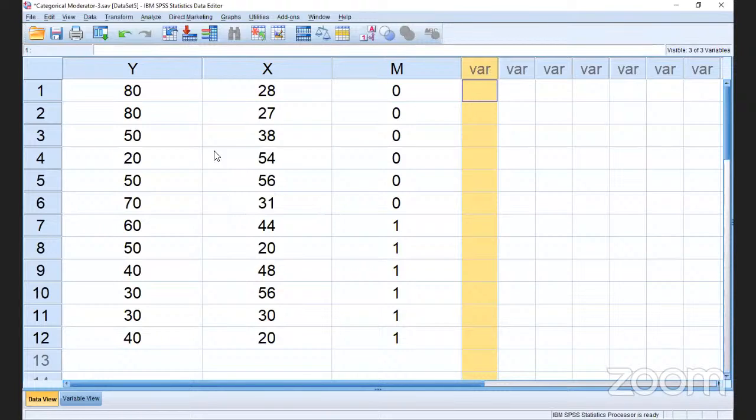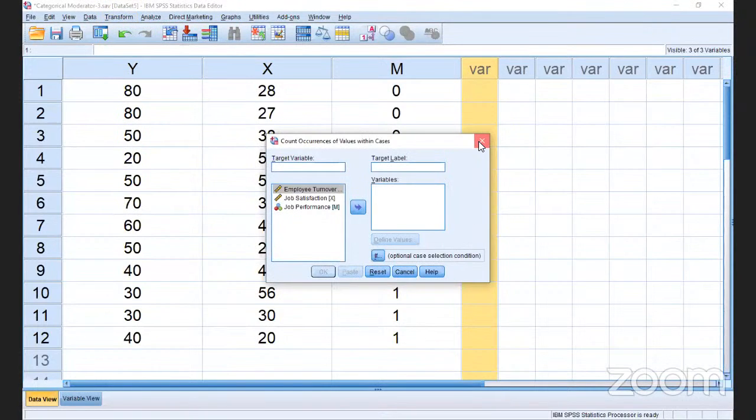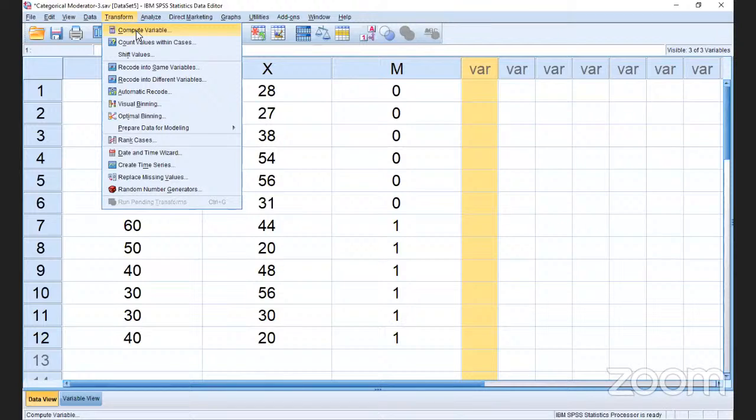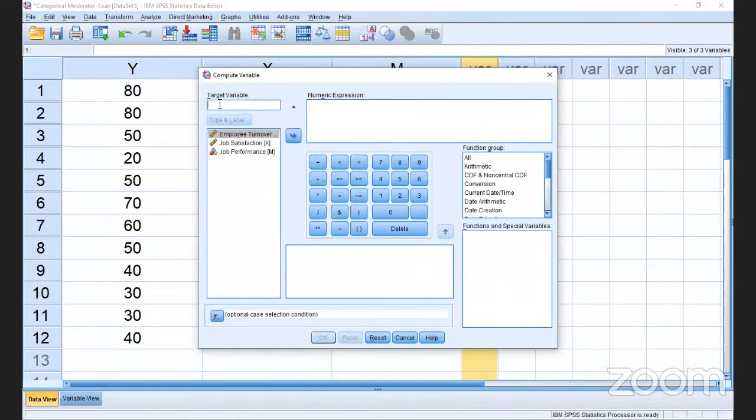We go to Transform, then Compute Variable. If we want to create a new variable, we go to Transform, Compute Variable, and then Target Variable. I want to write the name interaction.